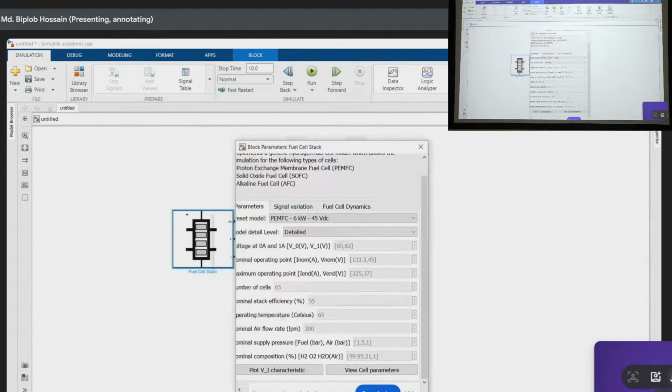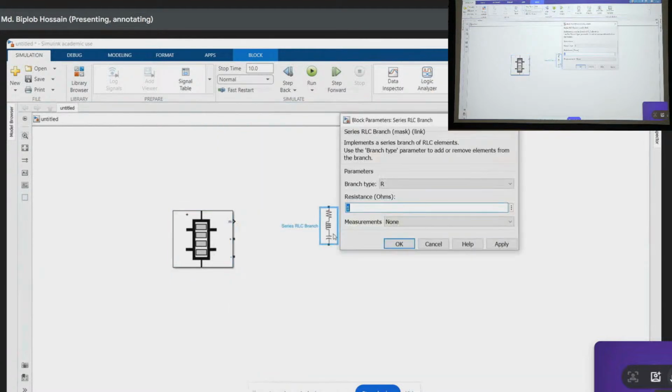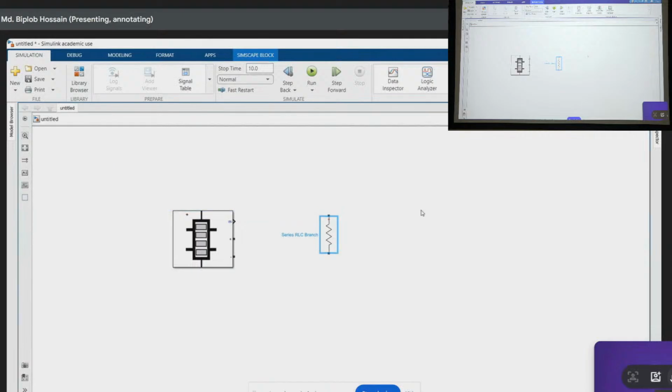According to Ohm's law we can put any value, but we are putting 45 over 1, for example, as the resistance value. Click OK. Then if we go close to the positive and negative terminals, just drag and connect to the other points. It is a very simple circuit.